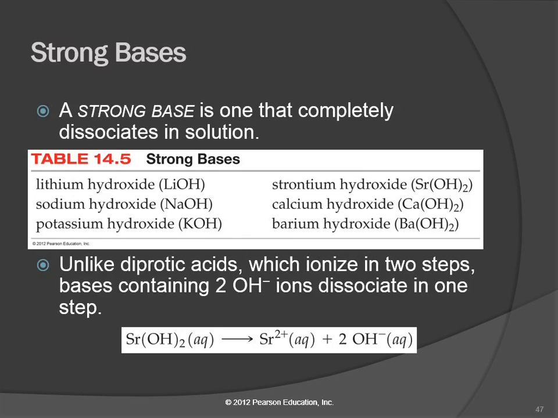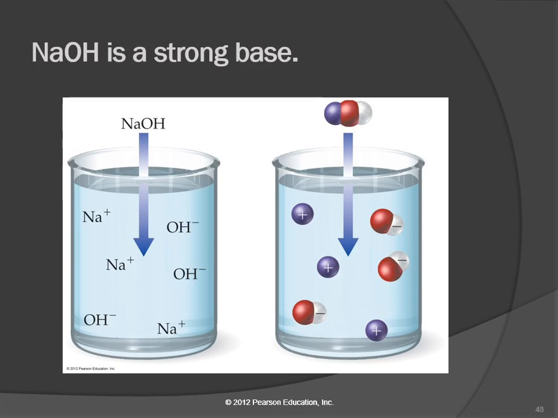Many of the other hydroxides are not soluble in water, and so they aren't strong bases because they won't dissociate completely. They really just don't dissolve at all. So picture sodium hydroxide comes apart. We don't see any of the blue, red, white formula units in there.